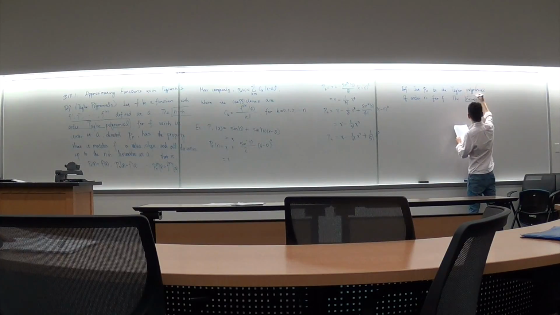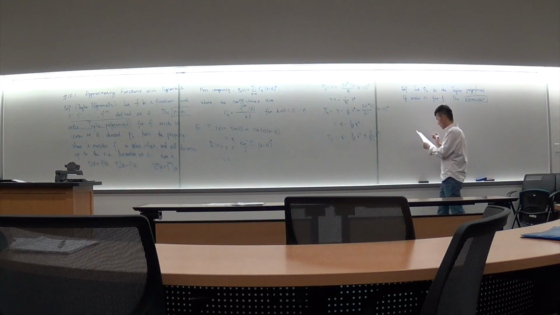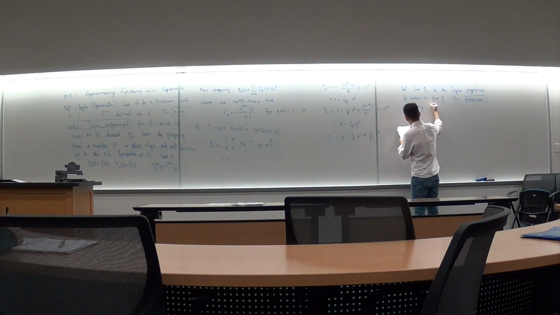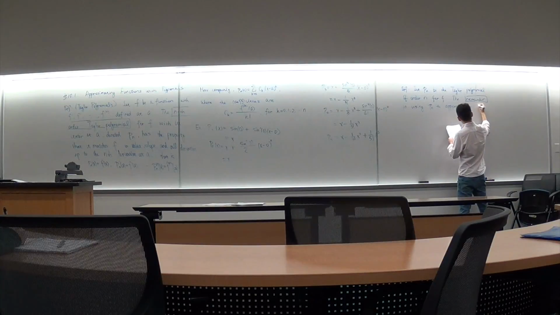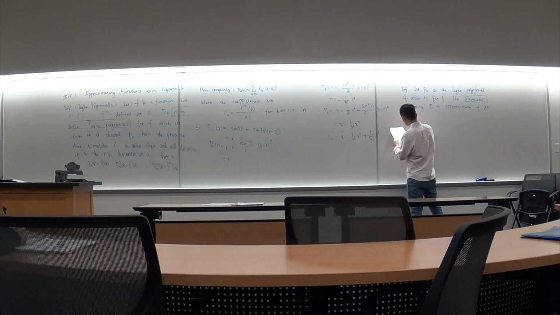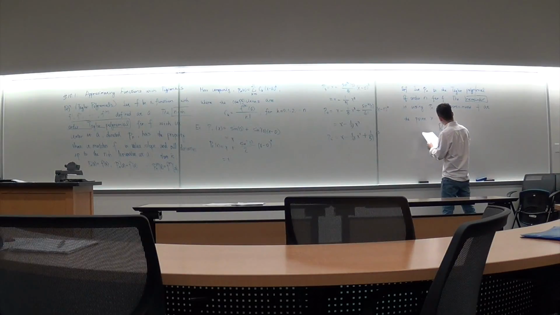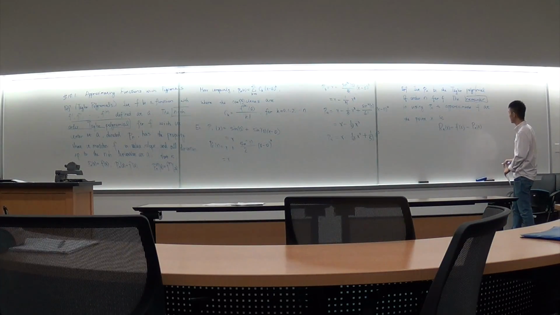So the remainder, when using P sub n to approximate f at the point x, is simply the difference between this original function f at this point x and the polynomial P sub n at this point x.